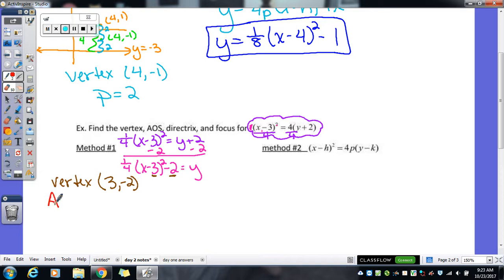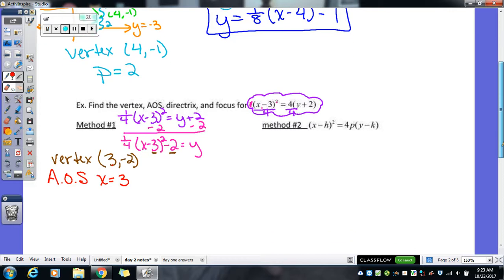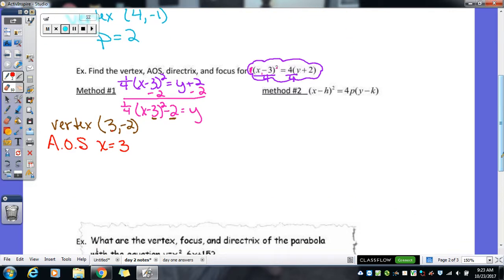Our axis of symmetry, as I have written on the front, would just be x equals whatever that number is from your vertex. So x equals 3 is our axis of symmetry. What we need to figure out next is our p-value, because figuring out our p-value will help us find our directrix and our focus.